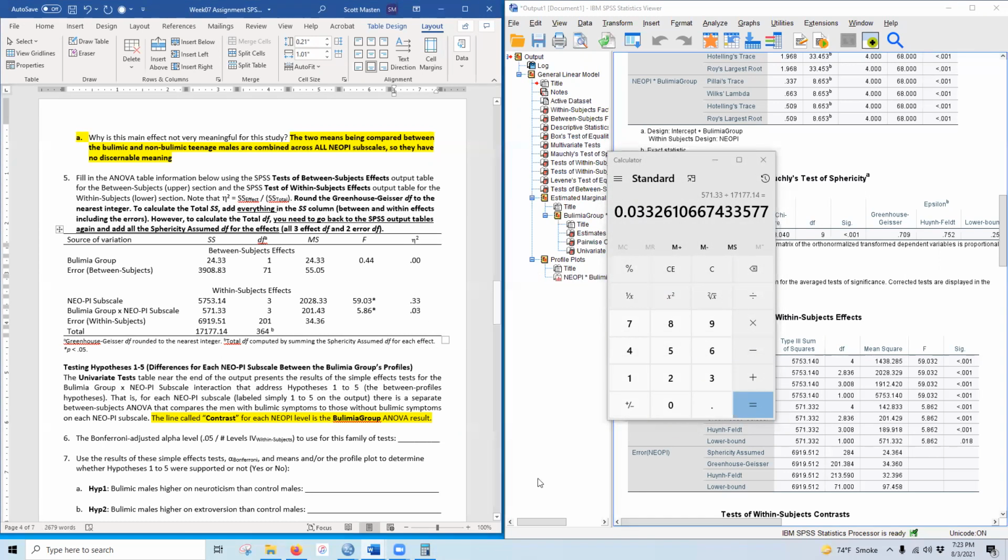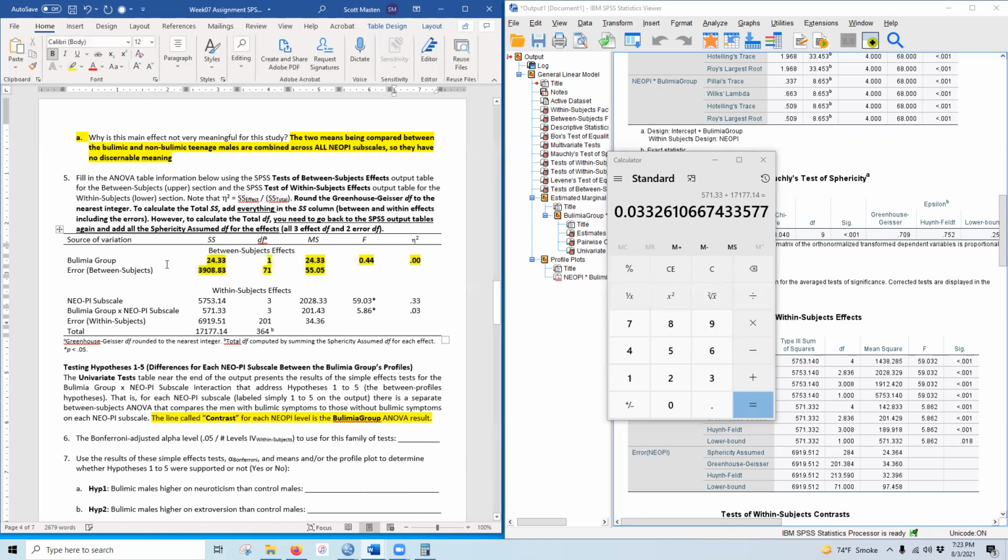Let me redo these, because I seem to have a habit of screwing this up. I don't have a friend like you guys I can check my answers with. So let me try it one last time. 24.33 divided by 17177.14.